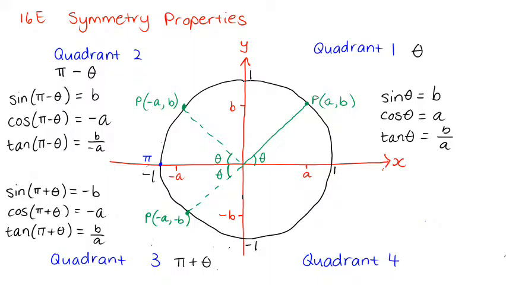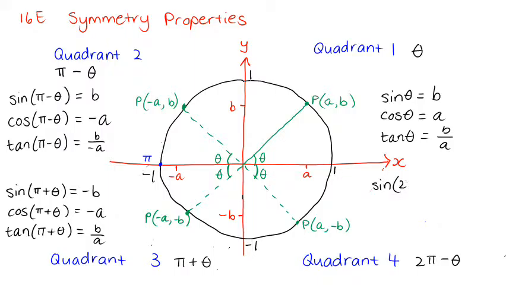And then last one, quadrant 4. Yep, this is the point A, negative B. What is this angle in here? Yep. So if we go all the way around and then just minus theta from 2 pi, we get 2 pi minus theta.